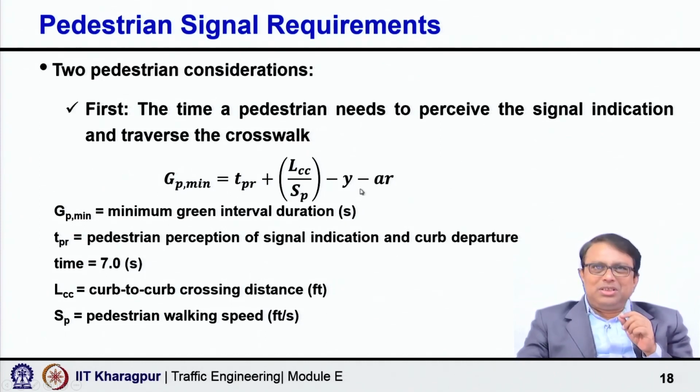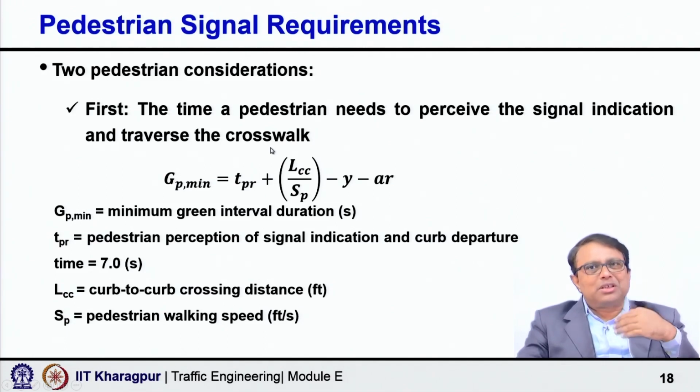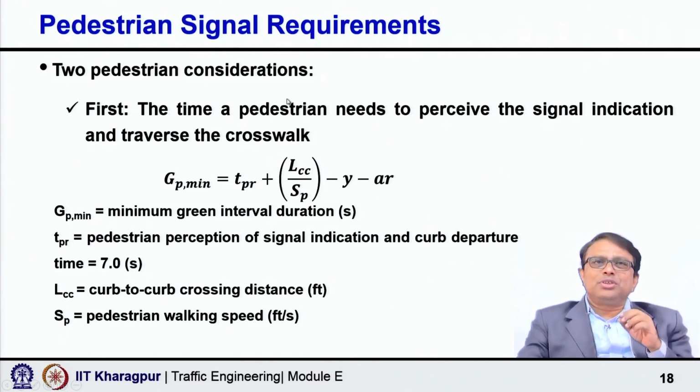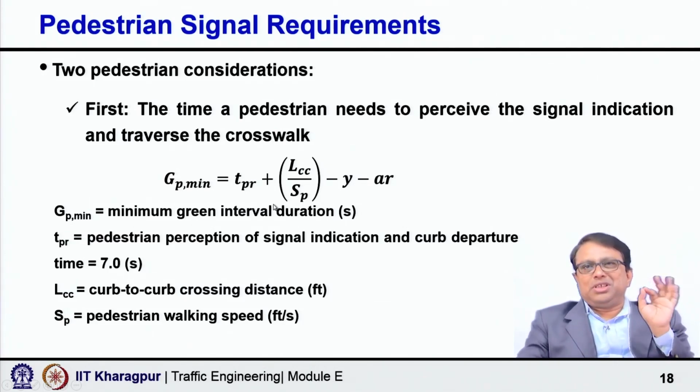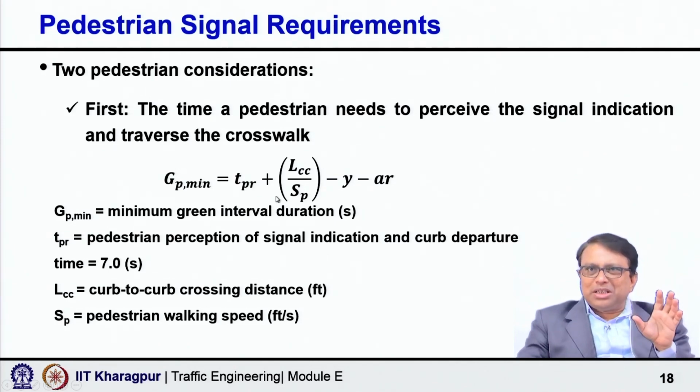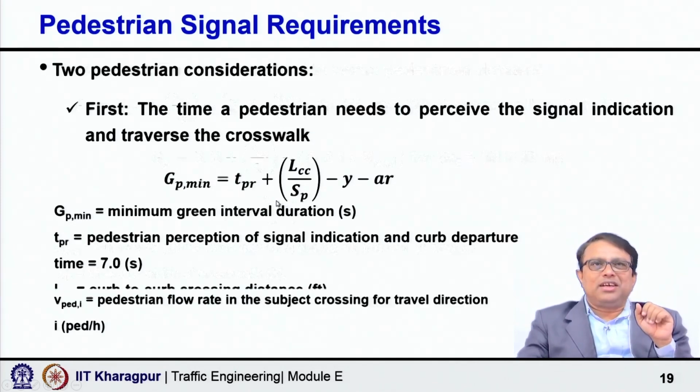We subtract Y and R because we are talking about the minimum required time. Obviously, ideally it should be a little higher. So, this is one criterion that we need to check. Our available green time must satisfy this criterion.